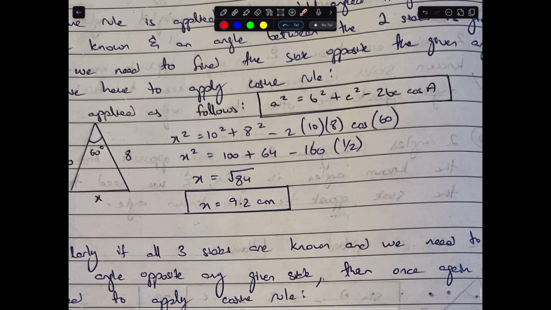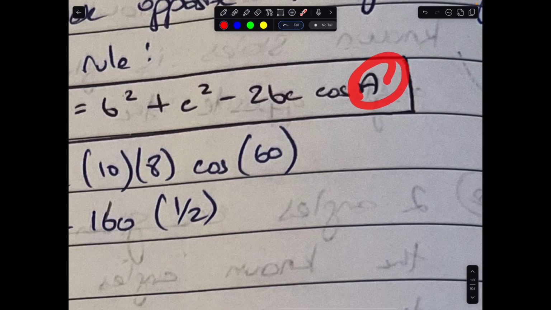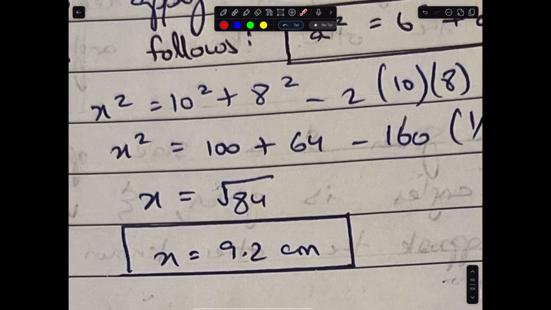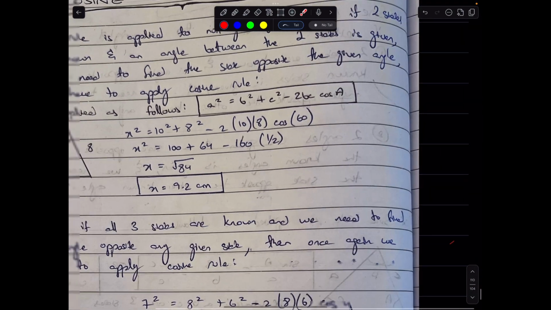So a is the third side and capital A is the angle between the two sides. And for b and c, you can either assume 10 as b or 8 as b, and you can assume the final side as c.